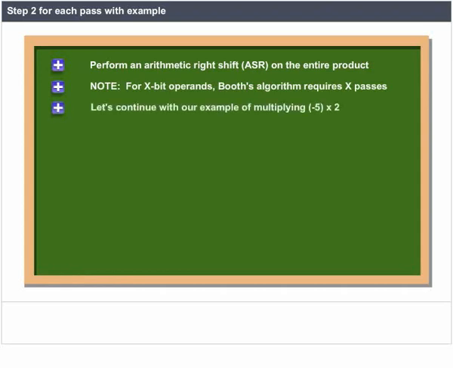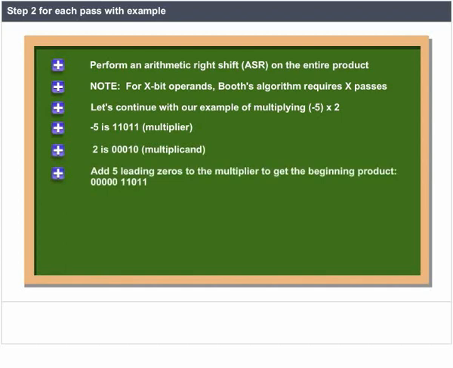Let's continue with our example of multiplying -5 into 2. -5 is 11011, the multiplier. 2 is 00010, the multiplicand. Add 5 leading zeros to the multiplier to get the beginning product 00000 11011.